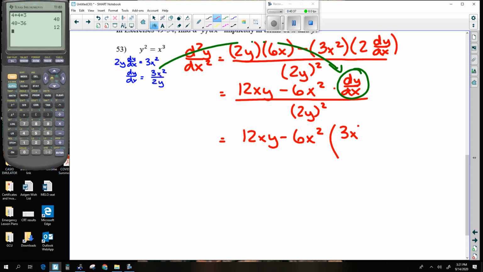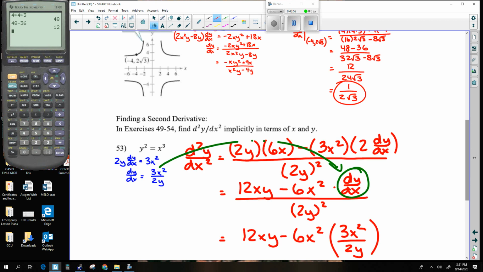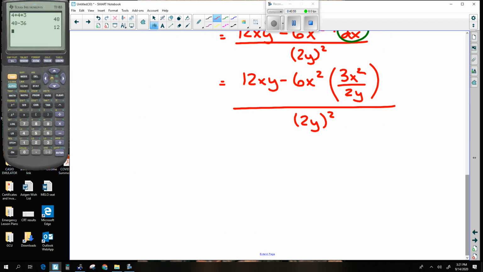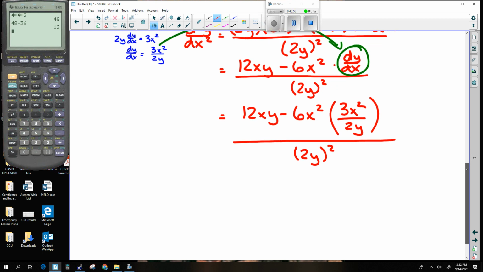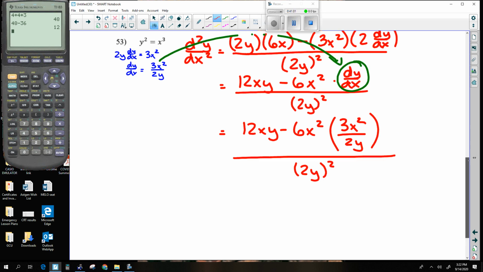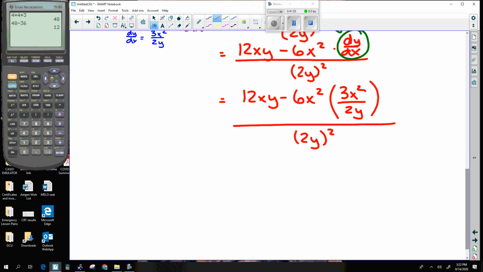This is a 3x squared over 2y, all over 2y squared. So again, I knew what dy/dx is from the original derivative, so you have to take it out and put in what the derivative is.